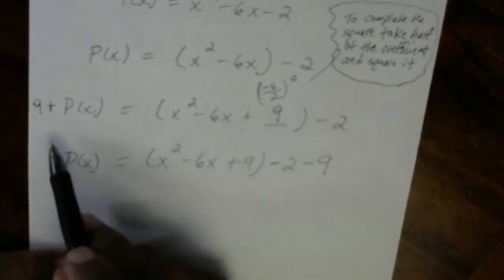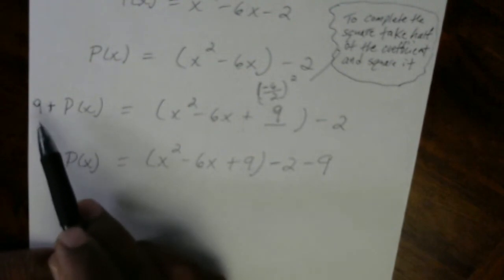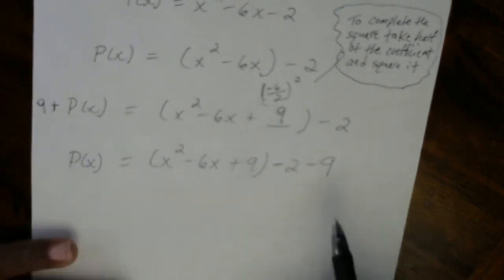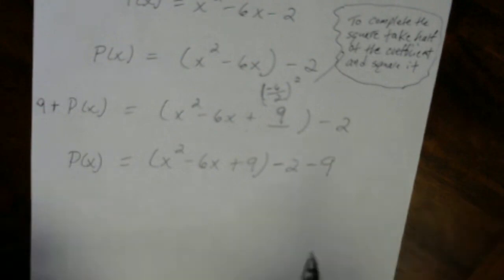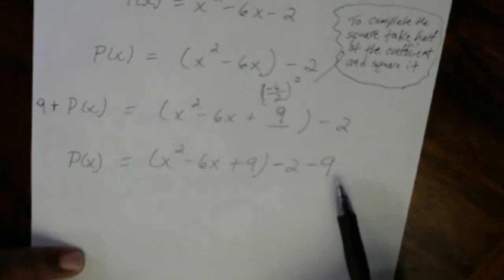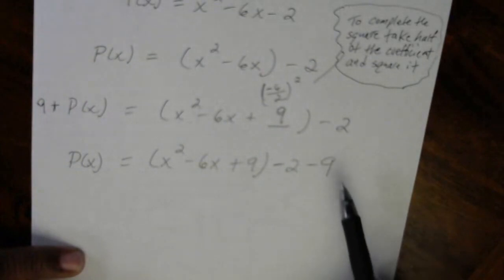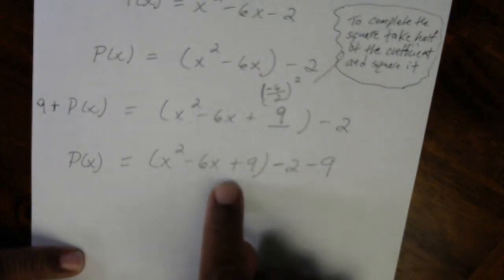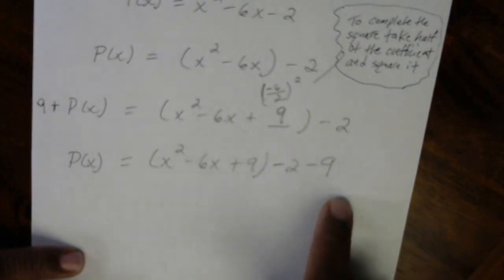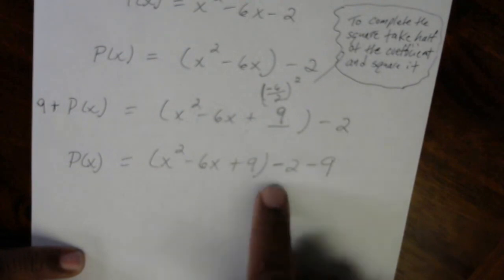Right, so I simply took this 9 that I added to the left hand side, and I basically subtracted 9 from both sides. Or I transposed it. I changed its sign and moved it to the other side. So it's like we added a 9 and then we're sort of subtracting out a 9.